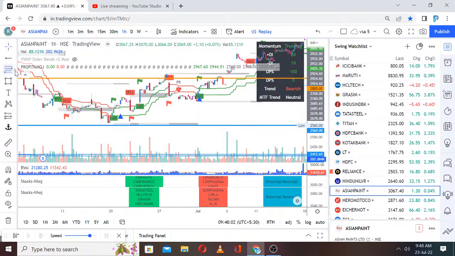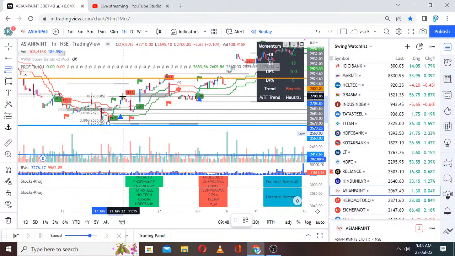So what we do is we'll take the swing low here. Okay, we are looking to enter here. Or here. So we mark the zones. We go into 5 minutes.